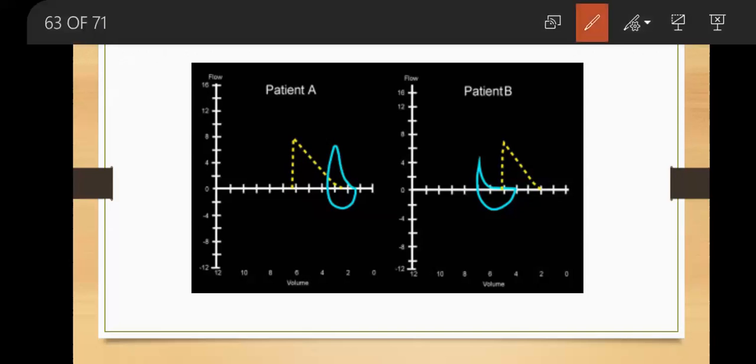You can look at it this way. Here are the normal lung volumes, and this is a patient with restrictive lung disease. He has idiopathic pulmonary fibrosis. He has a low forced vital capacity. The vital capacity is the amount of air that can be expired after a maximum inspiration.